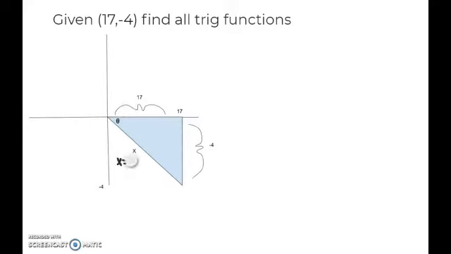Alright, we now know that x equals the square root of 305. So the first trig function that we're going to find is sine of theta, and that would be opposite over hypotenuse. That'll be -4 over the square root of 305.